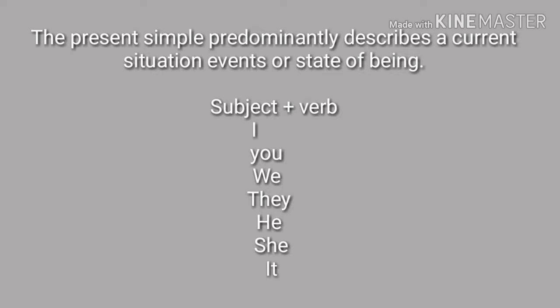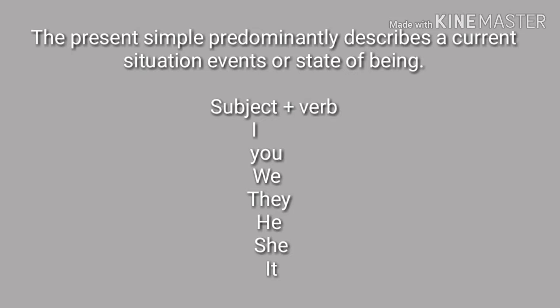We can also use names, proper names, as a subject, like Sarah or Ali. And the verb could be anything you want to add in a sentence, like drive or eat.